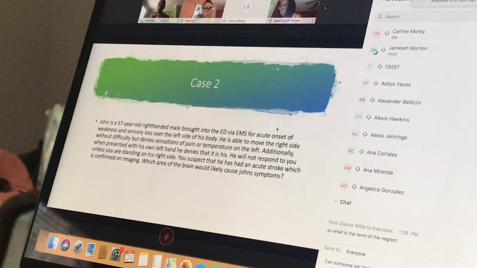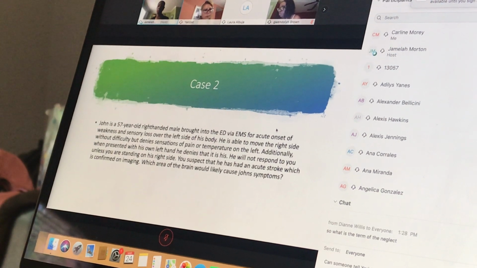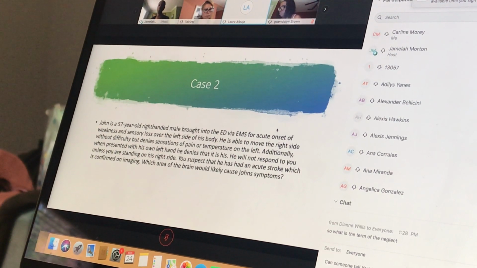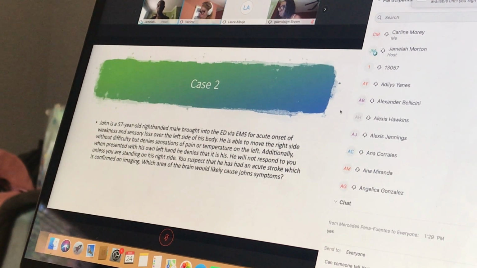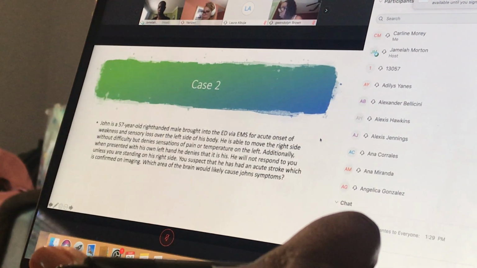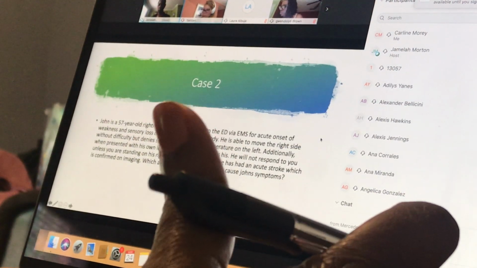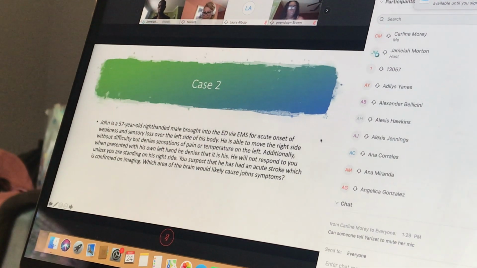What else? Prosopagnosia is the inability to recognize familiar faces. Oh yeah, prosopagnosia, she means. I can't see that question.